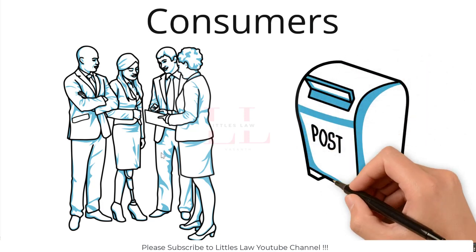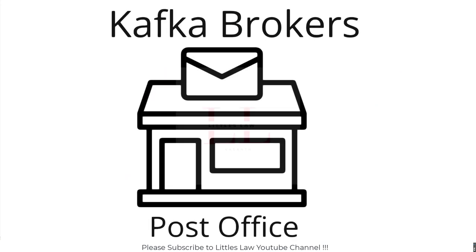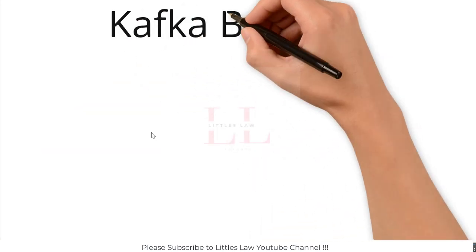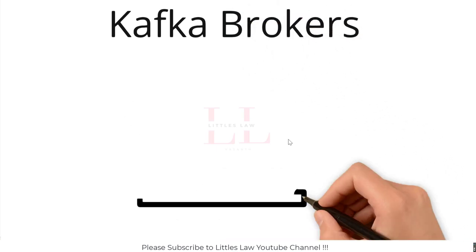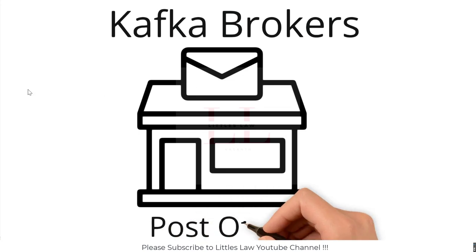And then each consumer in a consumer group reads from different partitions, which enables parallel processing. And then we have the Kafka brokers. Yeah, so these are the Kafka brokers. They store the messages on the disk and replicate the partition across multiple brokers to ensure reliability.